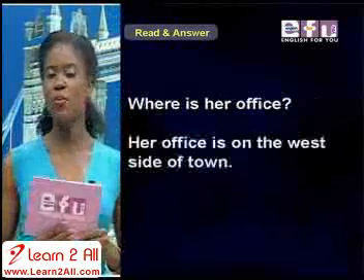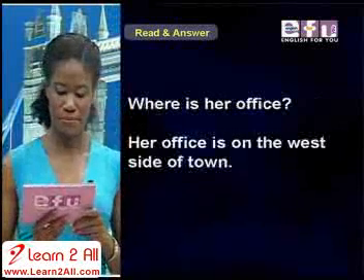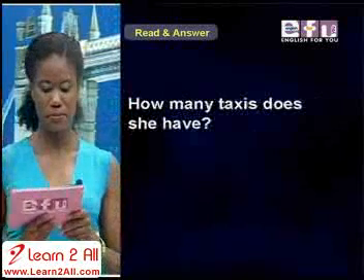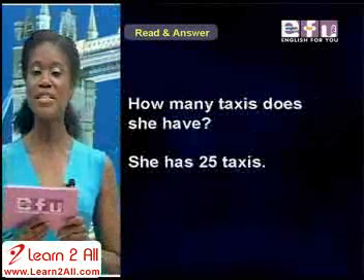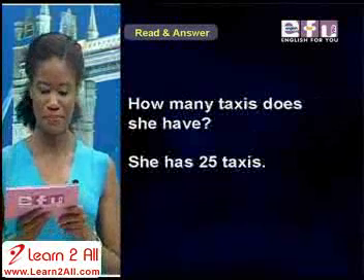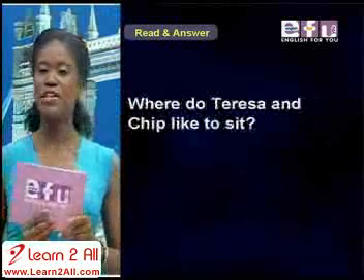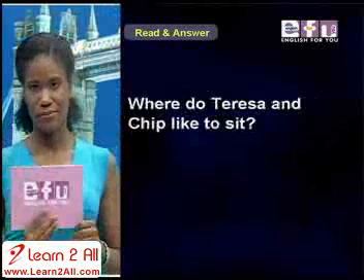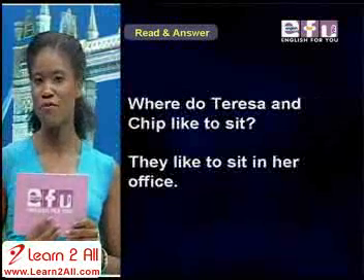Her office is on the west side of town. How many taxis does she have? She has 25 taxis. Where do Teresa and Chip like to sit? They like to sit in her office.